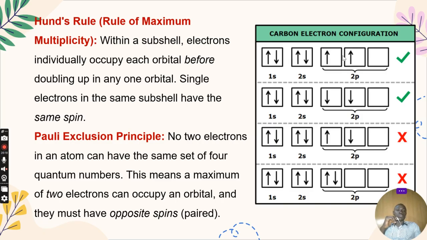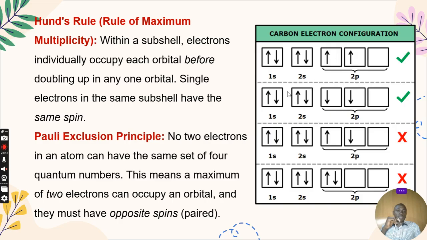Before electrons begin to spin in the opposite direction, all will spin in the same direction, until we have 3 electrons spinning in one direction before they begin to pair up, and then once they pair up, the other electron spins in the opposite direction.